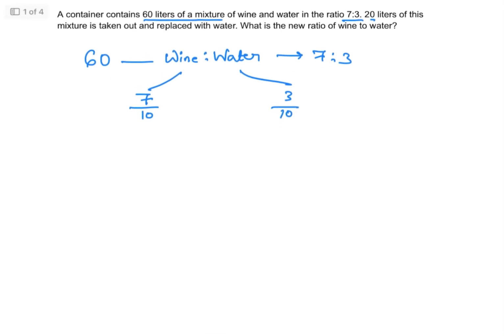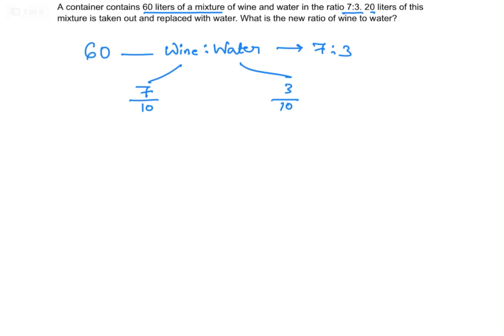So how much wine is there? It will be 7 by 10 into 60, or it will be 42 liters. And how much water is there? It will be 60 minus 42, or 18 liters will be water, and this will be wine.